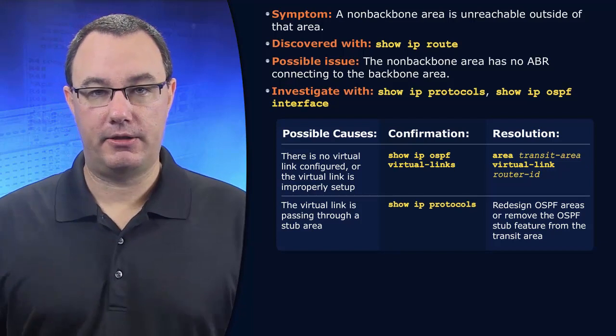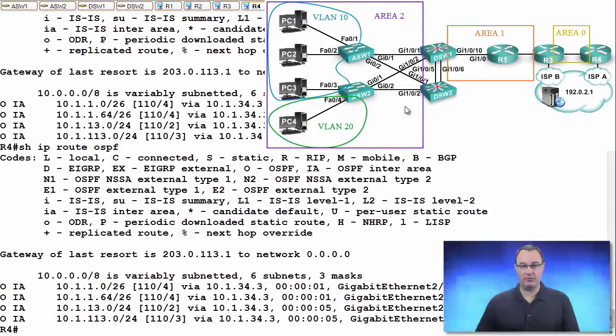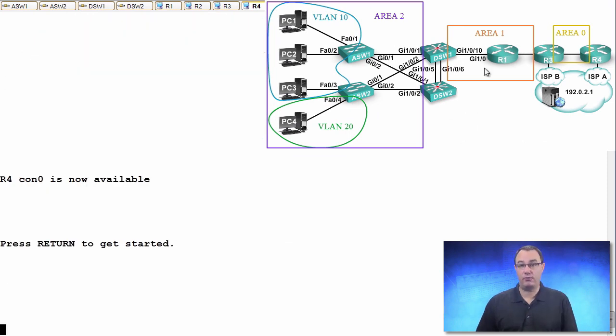Well, let's actually look at my topology, because it's built specifically so that we have the need for a virtual link. This is not the way that I would want to design an OSPF topology. Area 2 daisy chains to Area 1 to Area 0.